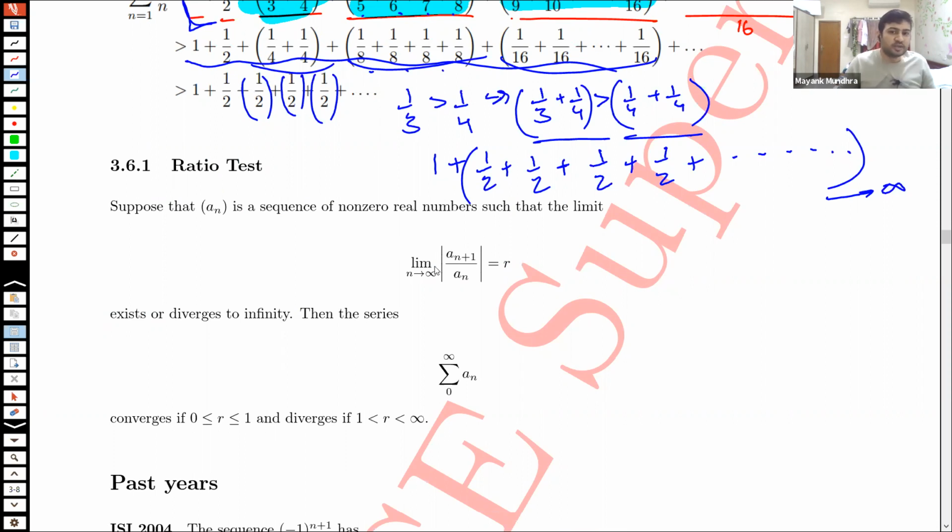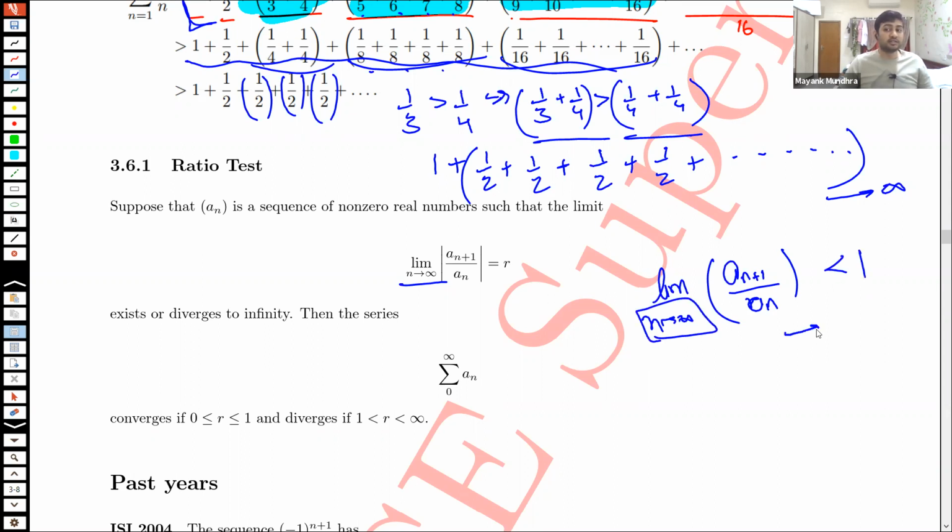What you can do is find the limit as n tends to infinity of a(n+1) by a(n), that is, the (n+1)th term and the nth term. You can find its ratio at infinity. If this ratio is less than 1, then the series converges. But if it is greater than or equal to 1, then the series diverges.